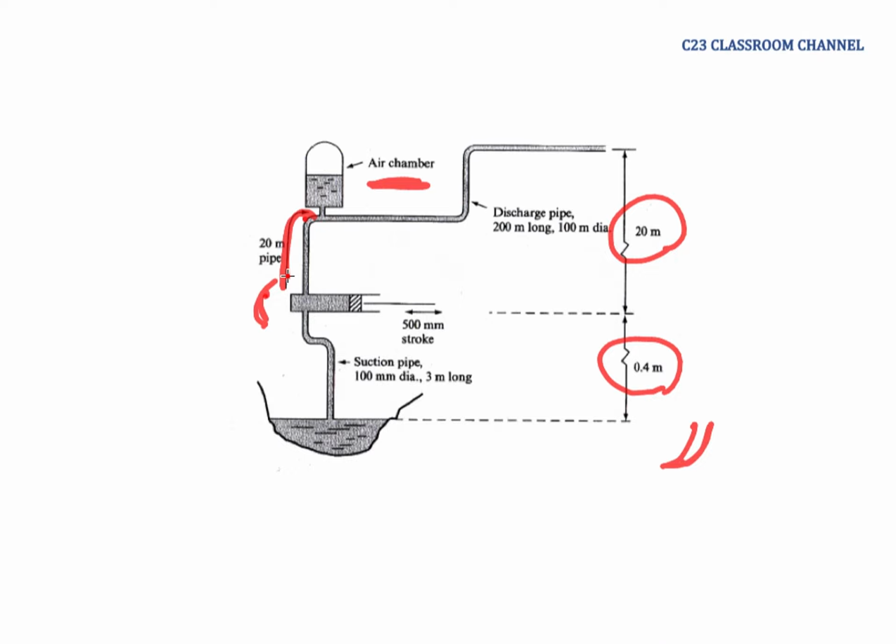In the previous question, the air vessel was located near the piston pump, around here. But in this problem, the location of the air chamber is 20 meter after the piston.